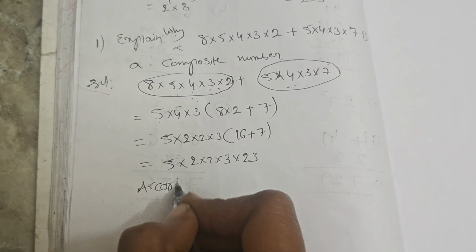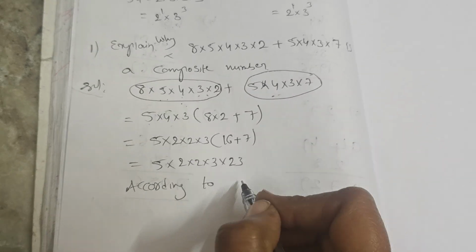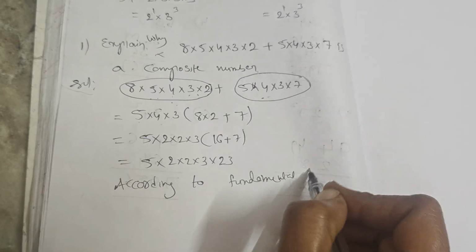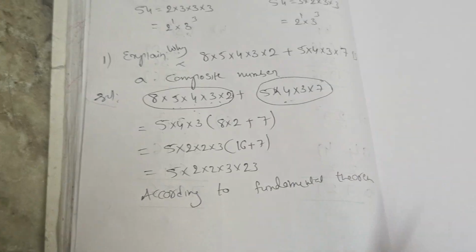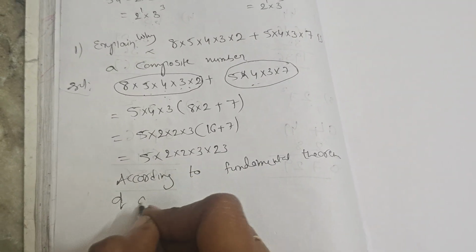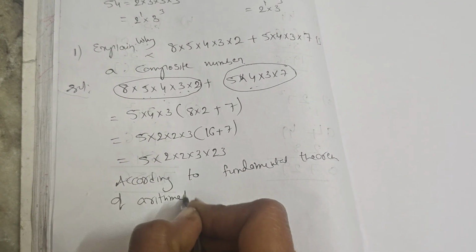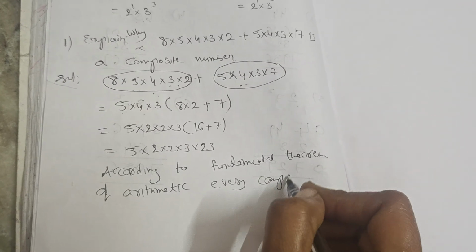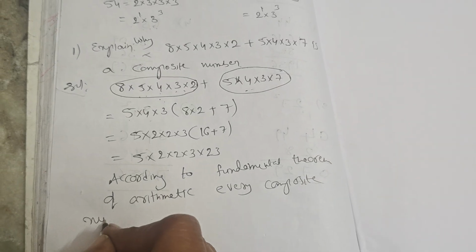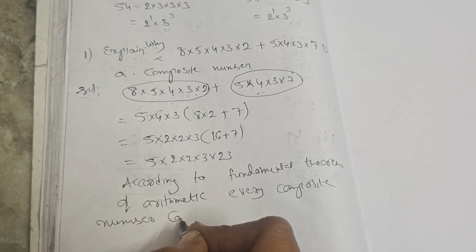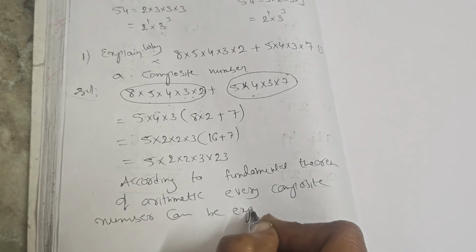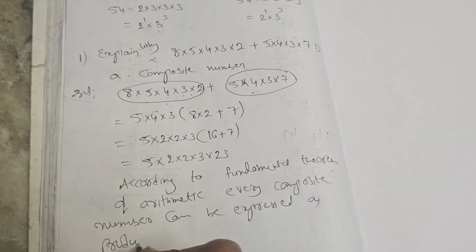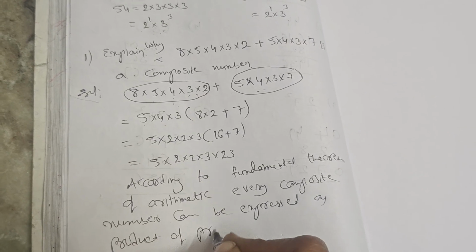According to the fundamental theorem of arithmetic, every composite number can be expressed as a product of primes.